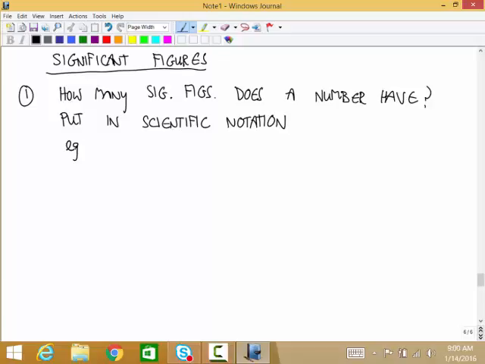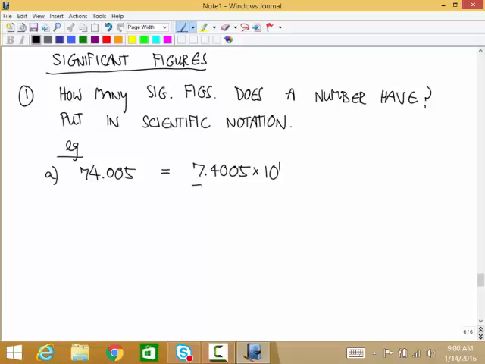So, for example, 74.005. There are all these rules for whether the zeros come before the exponent or after the exponent that can be a little cumbersome if you're just trying to remember those as rules. But if you write that in scientific notation, you get 7.4005 times 10 to the 1.